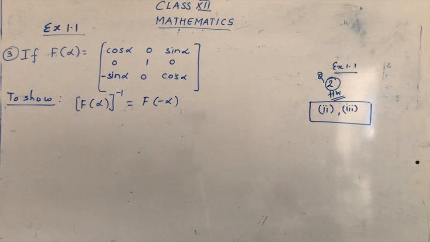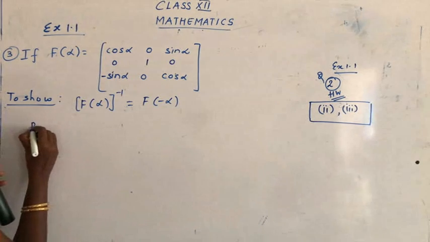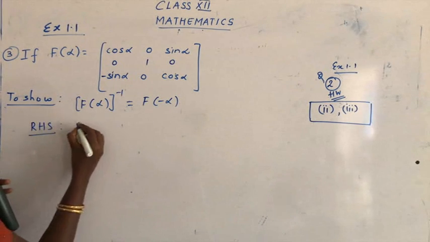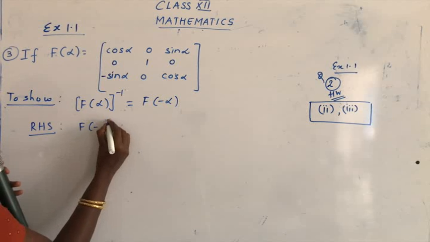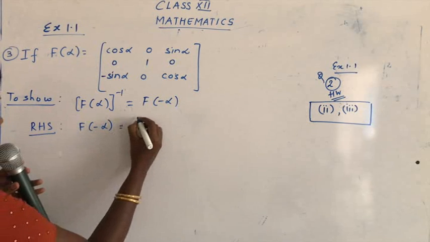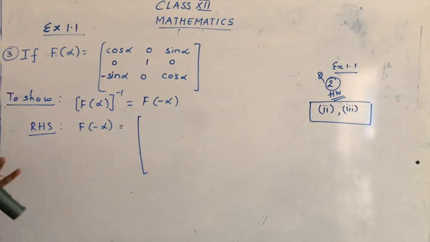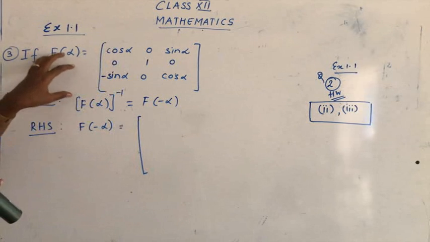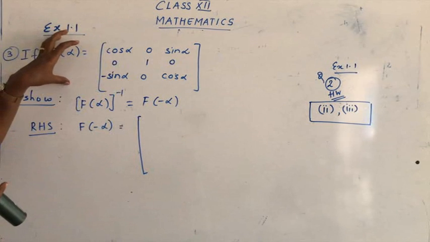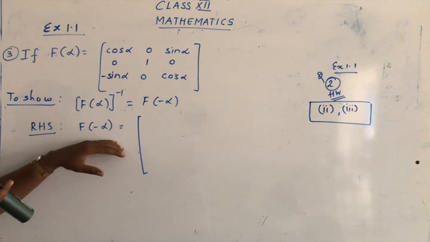So first what we are going to do is take the RHS part. Let's start with the simple part. So RHS is f of minus alpha. Now this is very simple. We have already got the value for f of alpha. Now you need the value for f of minus alpha, yes?